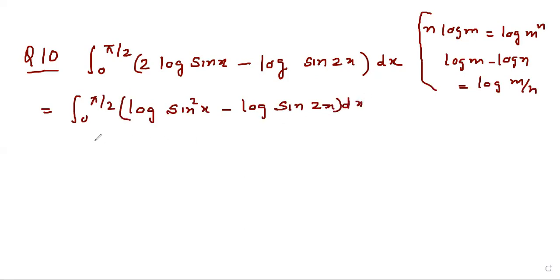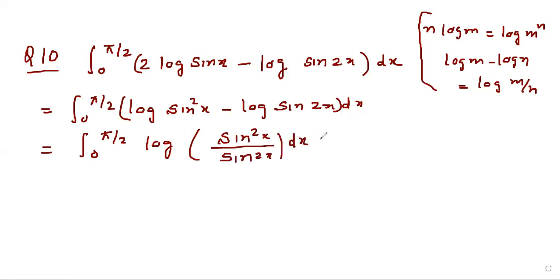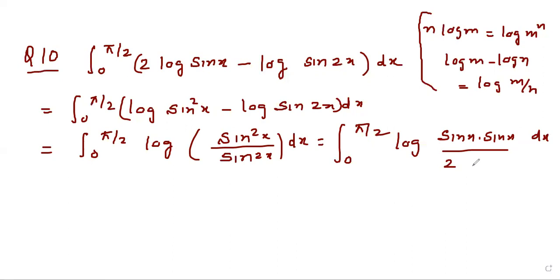Then again we apply the second property: integral 0 to pi by 2 log (sin square x upon sin 2x) dx, which will be equal to integral 0 to pi by 2 log (sin x into sin x divided by 2 sin x times cos x) dx. So one sin x will cancel out.